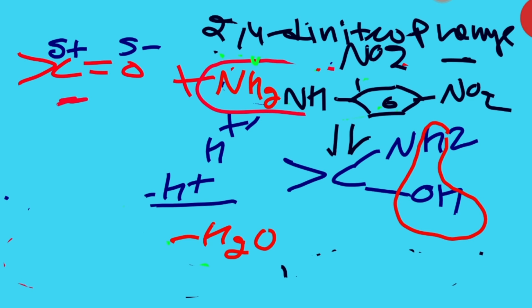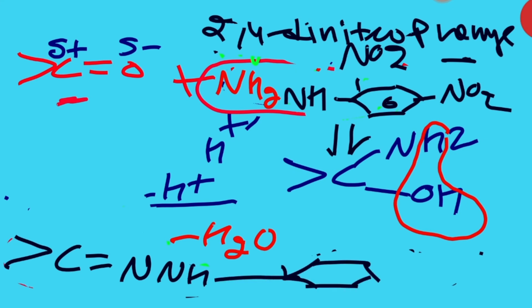So after changing the value of Z, what are we getting over there? Okay, you must see, all of you: C double bond, then N, NH, then after that there is a ring, then NO2, then there is another NO2. Clear? What have we changed, beta?